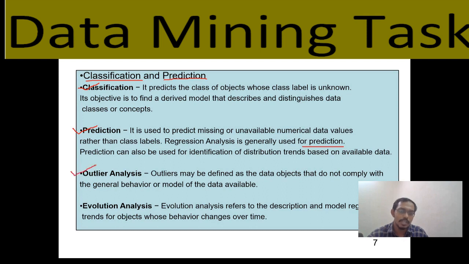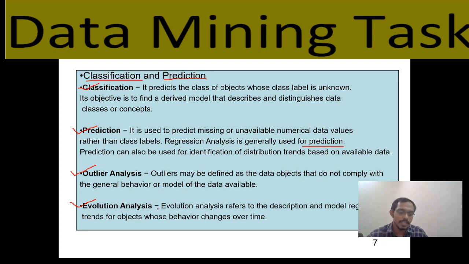Third is outlier analysis. Outlier analysis may be defined as data objects that do not comply with the general behavior or model of the data available. And next is evolution analysis. Evolution analysis means we slowly evaluate how the data set slowly changes. So evolution analysis defines that if the customer requirement slowly changes, we can easily identify how the evolution is done.